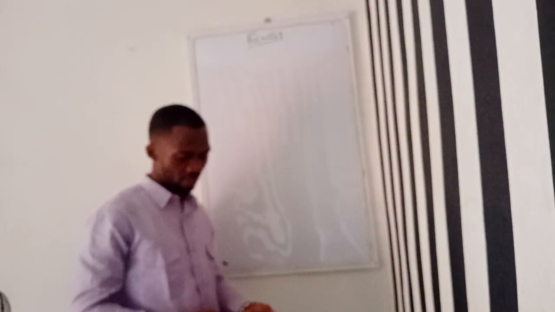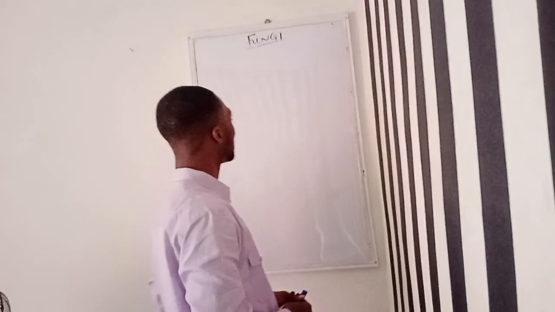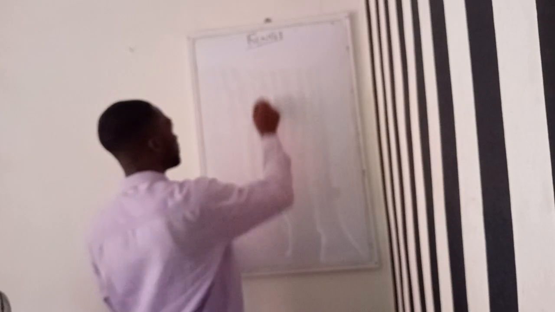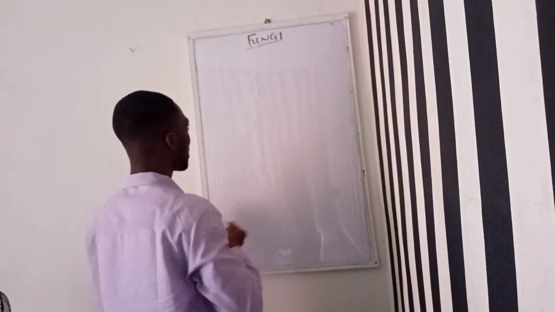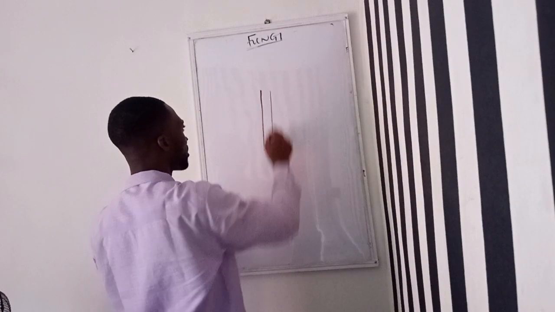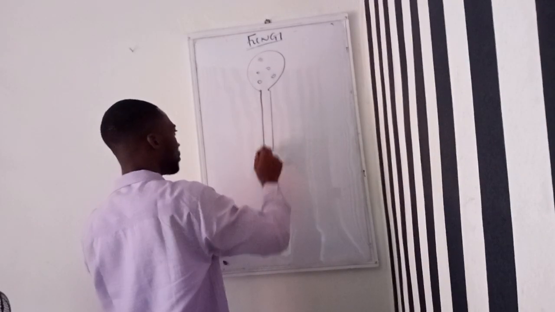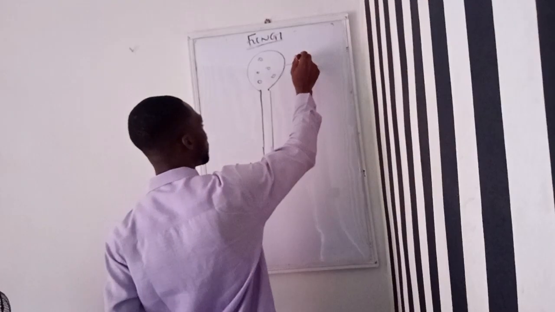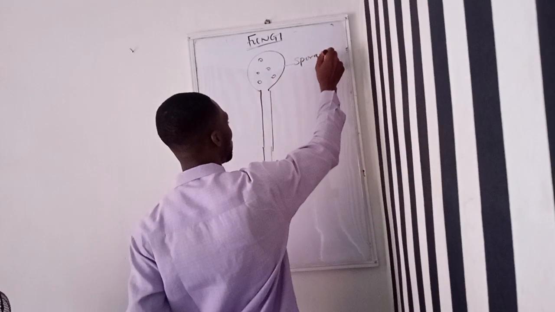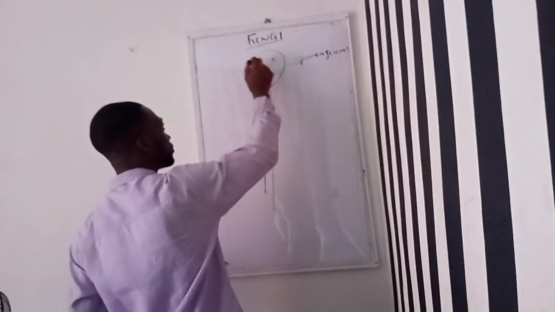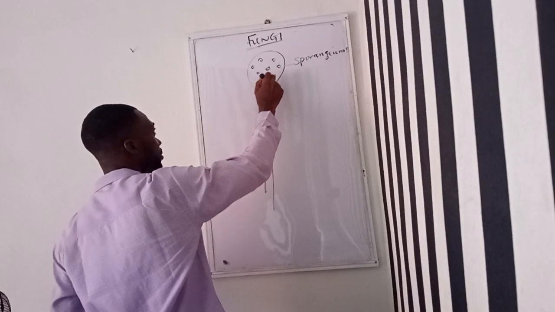In spore formation, a fungus produces spores in a sac-like structure called the sporangium.